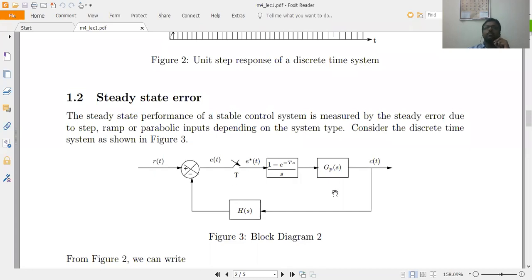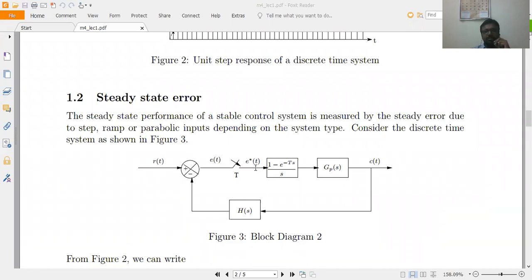Okay. So the input signal R of t is going to be processed through the entire system and give another signal called C of t. That means R of t, given as an input to the system, is converted into E of t, that means error, and it is given as an input to the sampler, which converts it into E conjugate of t.